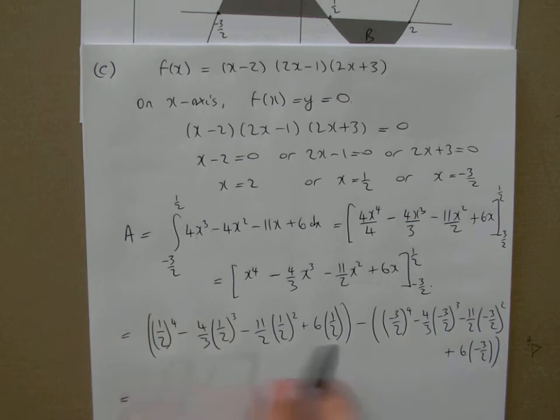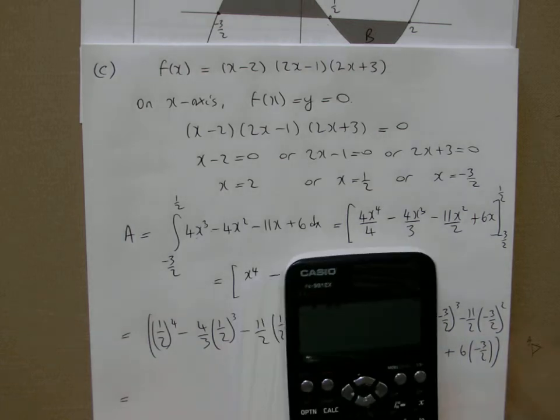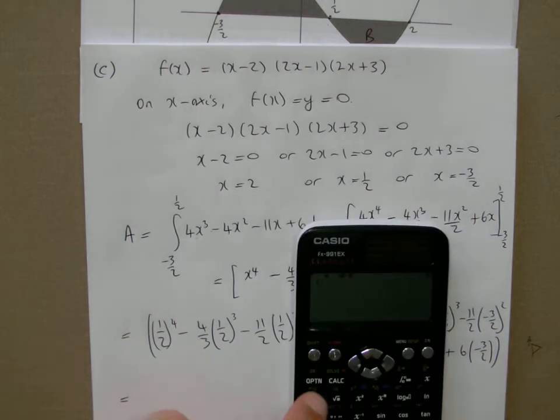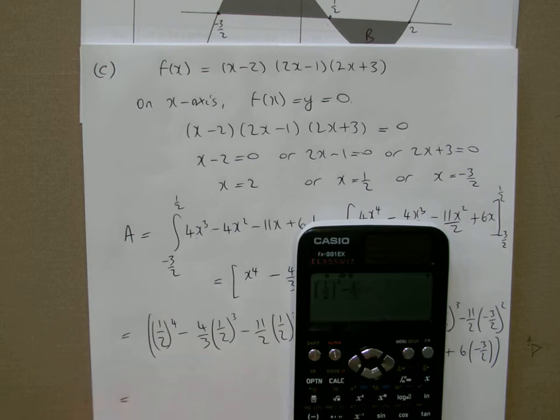So what I do is I work out that first bracket to begin with. On my calculator here, I put in 1/2 to the power 4, take away 4/3 times 1/2 to the power... oops, got that wrong there.